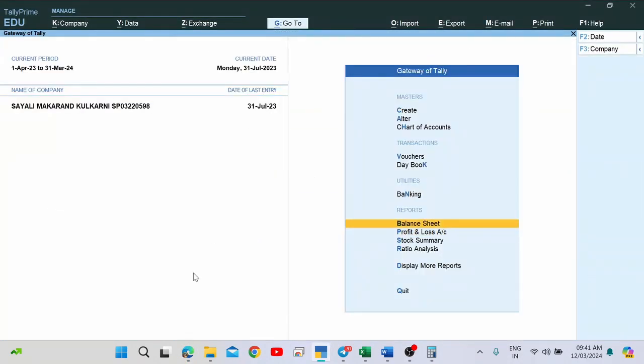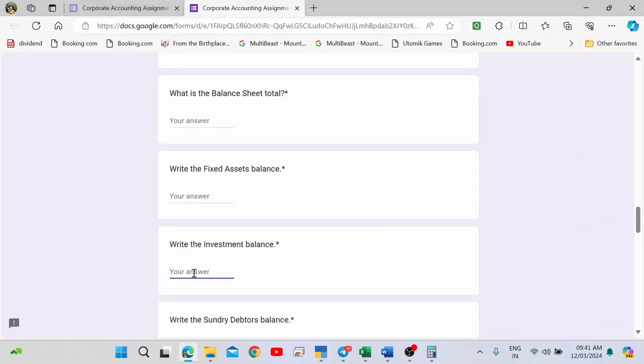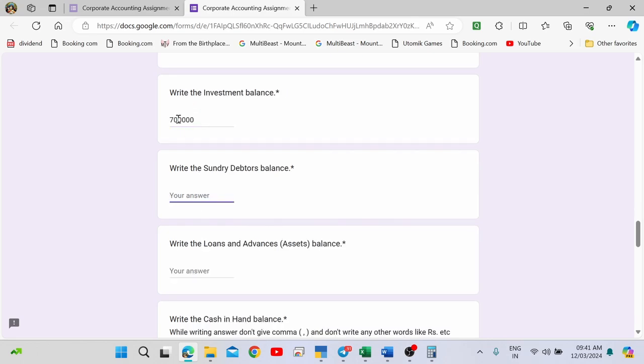Where will you get investment? In the balance sheet you will get investment. Investment 7 lakhs. No need to give a separator or comma, and no need to write 0.00. Just type fully.